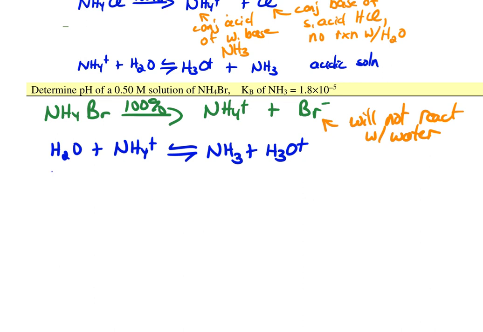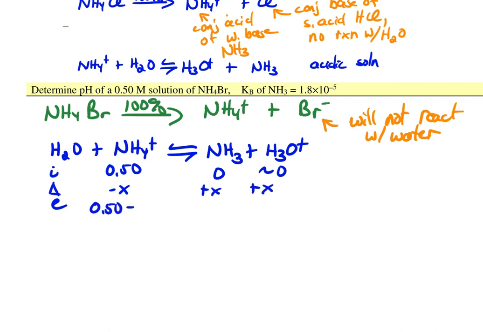We'll do a nice table. We don't care about the water. We start with a 0.5 molar solution of the ammonium ion, and before it reacts with water, we essentially have neither of the products. We're going to lose a little bit, gain a little bit, gain a little bit.